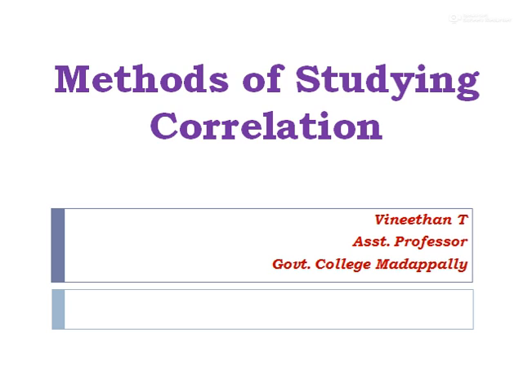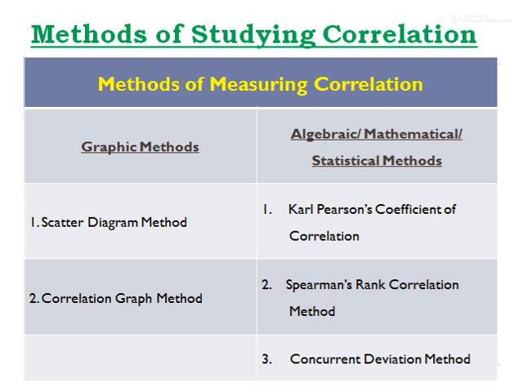For studying these two aspects of correlation analysis, different methods are used, and all these various methods can be broadly classified into two categories. One is graphical methods and the other is algebraic methods. Algebraic methods are also called mathematical methods or statistical methods. Under graphical methods, there are two methods.